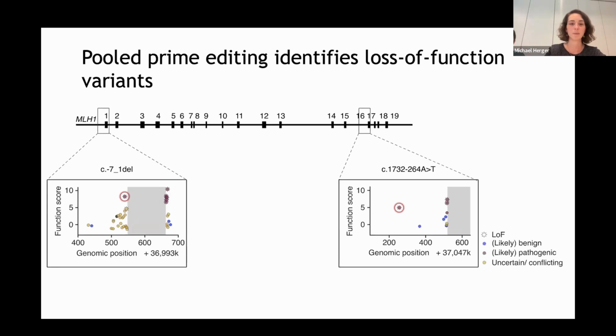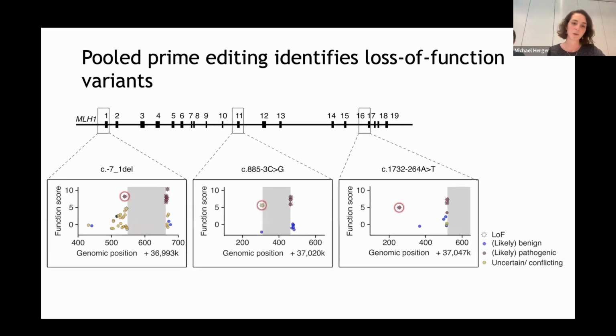And then finally, we also want to point out one of the variants of uncertain significance that scored highly in our experiment. We believe that pooled prime-editing screens will in the future, like many other MAVE assays, play an important role in tackling the variant interpretation problem and provide functional data for the reclassification of VUS.